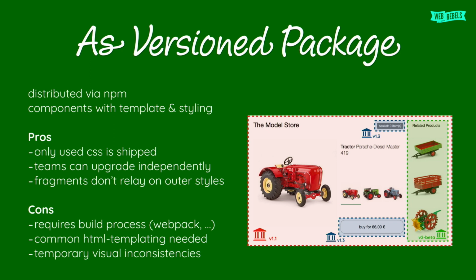You have the chance of redundancy, so when all fragments use the button, yes, you have the CSS of the button in all fragments, but in practice, having this mechanism to only ship the things you use ends up being much smaller than bundling everything up beforehand. The downside is that now every team has to have a build process.